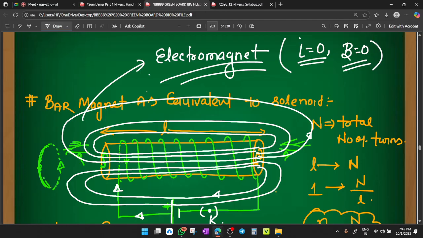Electromagnet. Now tell me, what type of magnet is an electromagnet? Is it a permanent magnet or a temporary magnet? Tell me what type of magnet it is. Permanent or temporary? Yes.